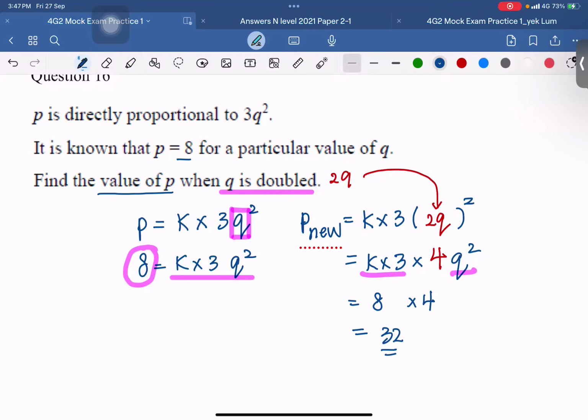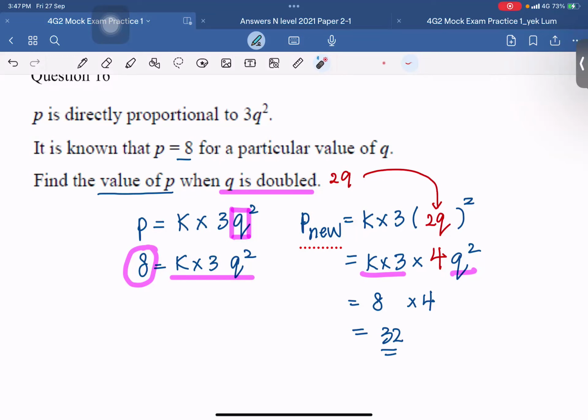Okay, so it's just algebra. Now, if you understand this, or maybe you don't understand this, I'm going to teach you one shortcut. No calculation, just logical deduction. If the question says it is directly proportional to Q squared, and the thing is doubled, meaning if it increases, then your new value will also increase.